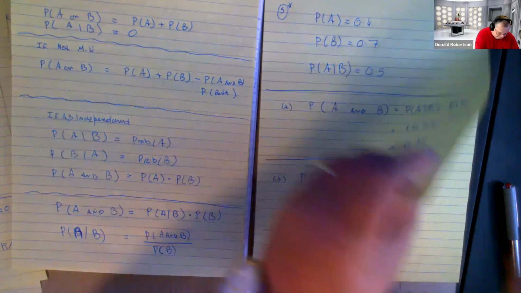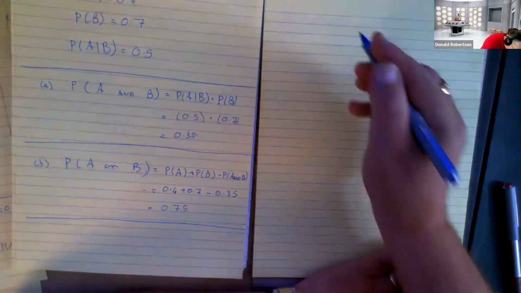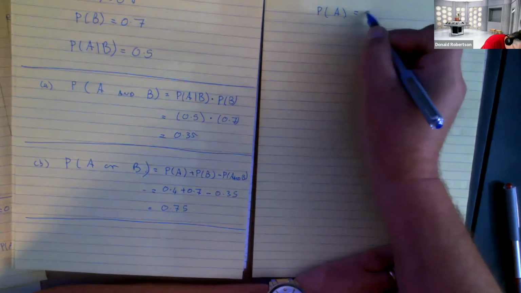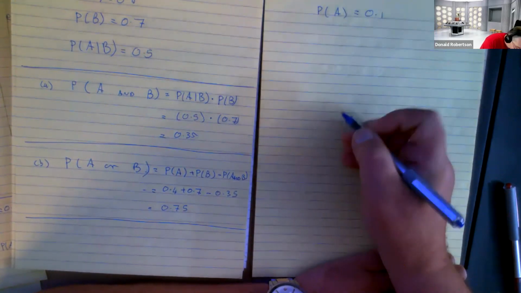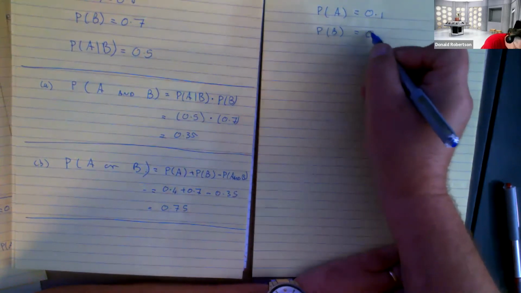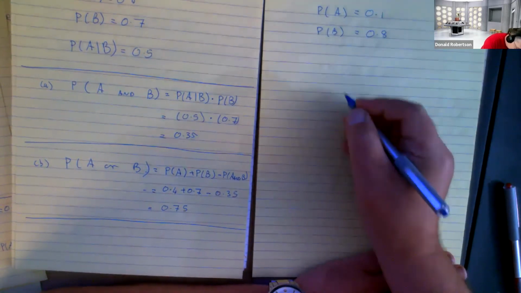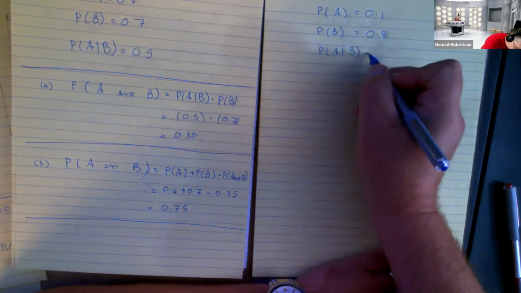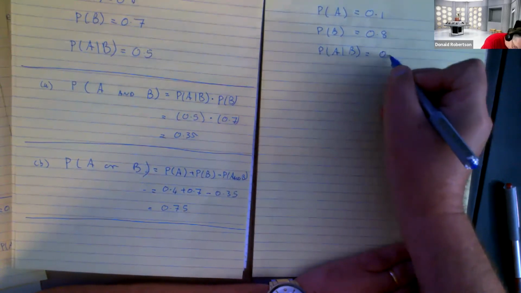Okay, try that one again. Same question, different numbers. Probability of A, 0.1. Probability of B, 0.8. Probability of A given B, 0.2.